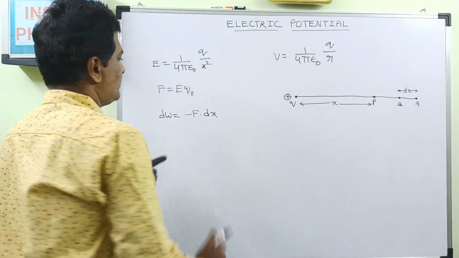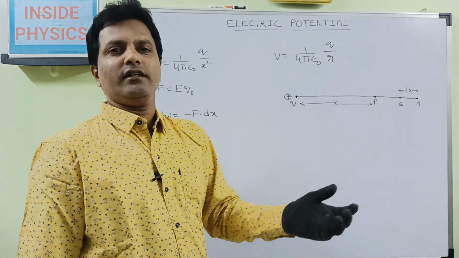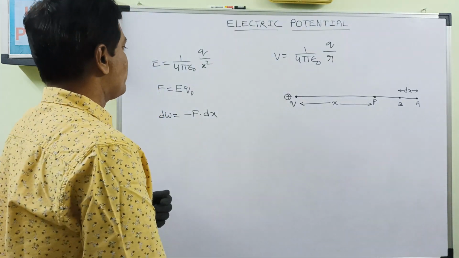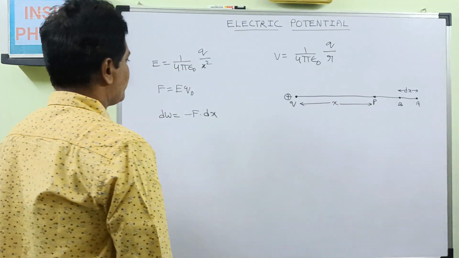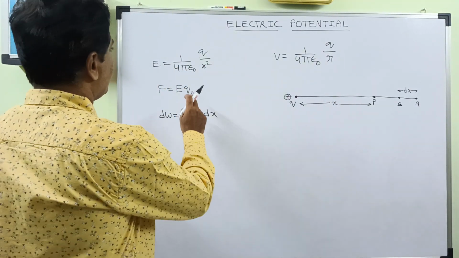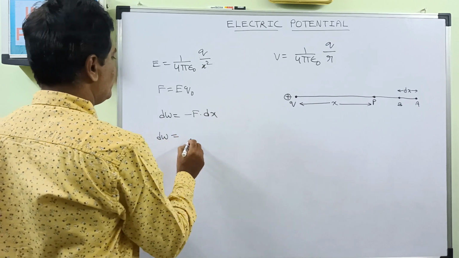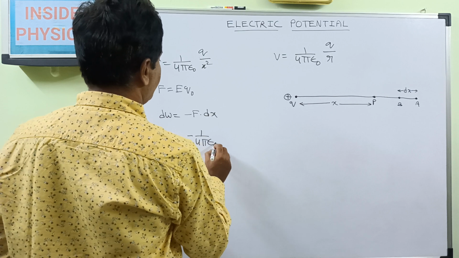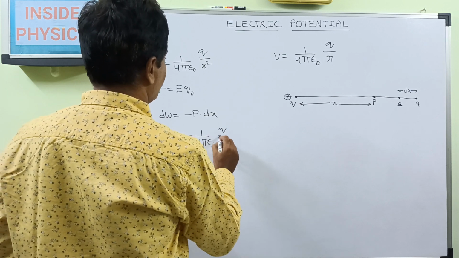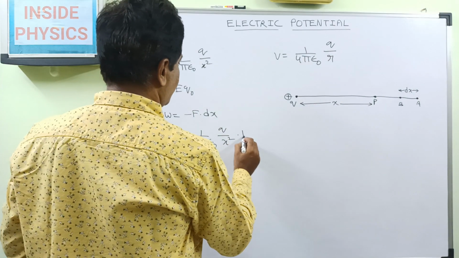The negative sign indicates that the work is done against the force of repulsion, since there will be some repulsion between these two charges. So what is F? In place of F we will put 1 by 4 pi epsilon naught into q by x square, into dx.